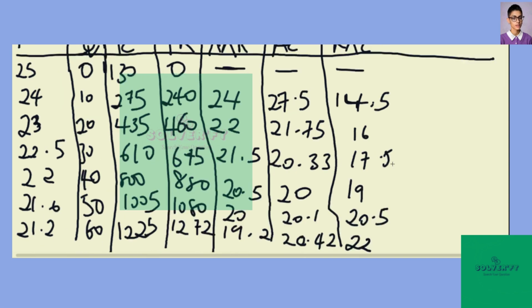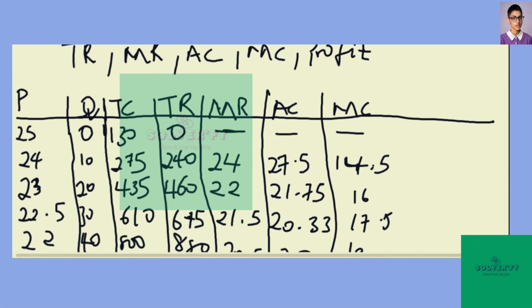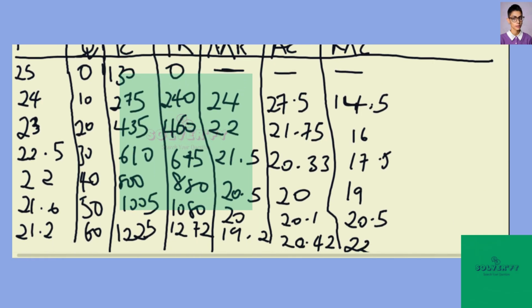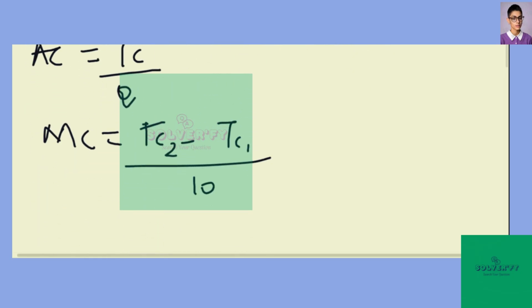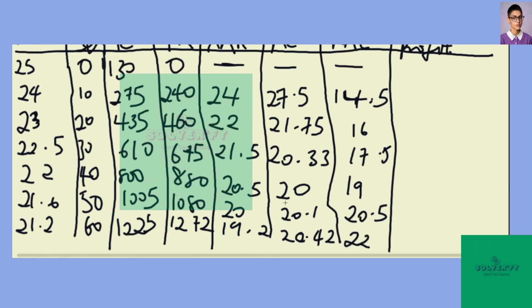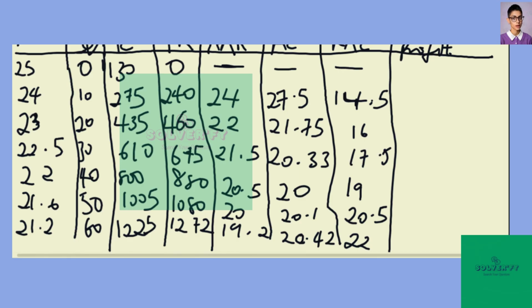And the next question wants us to find the profit. The formula for profit is the total revenue minus total cost, because profit is what you earned minus what you spend.